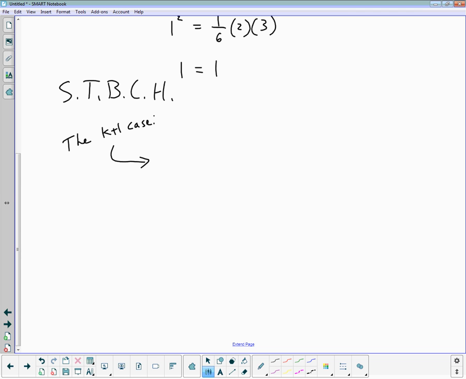Yep, that's looking good. All right, excellent. Seeing a lot of right answers, but you lost your sigma notation on your left-hand side. Don't forget to make sure that the bounds are correct on the left. They start at 1 and go to k plus 1. Good. All right, so the k plus 1 case looks like this.